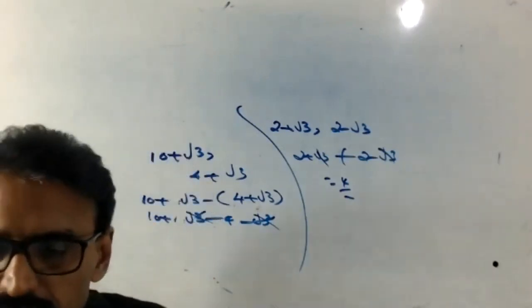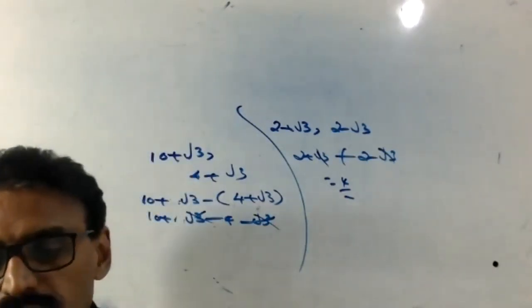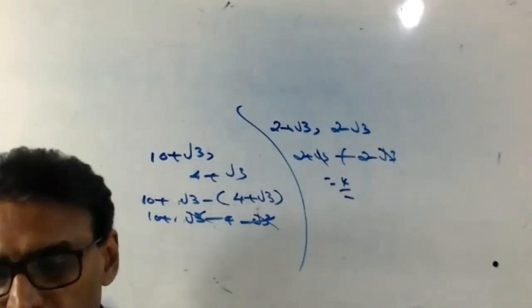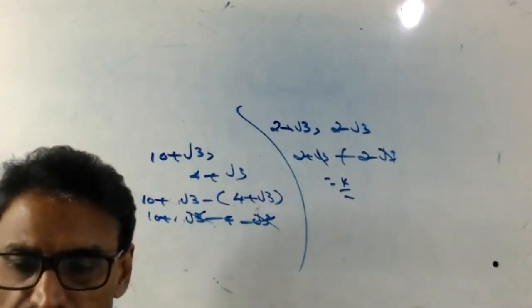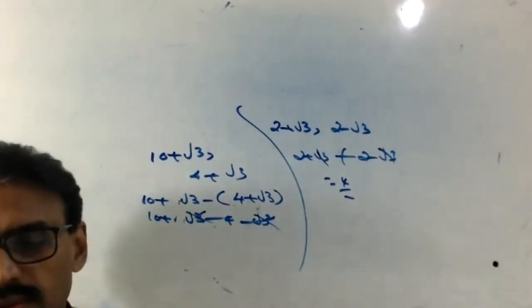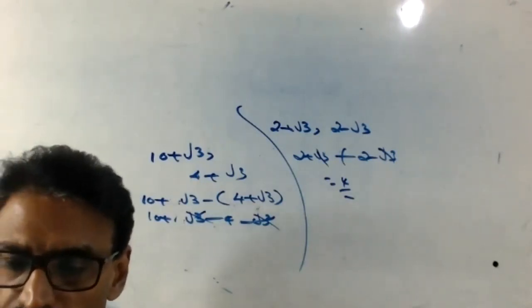Okay, listen carefully. The first question was the difference of two irrationals is rational. Second question, the sum of two irrationals is rational.